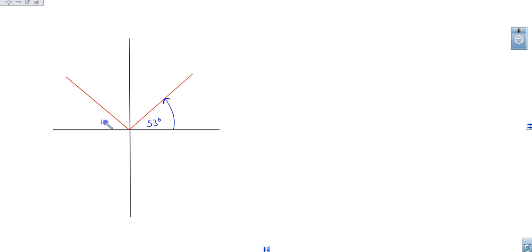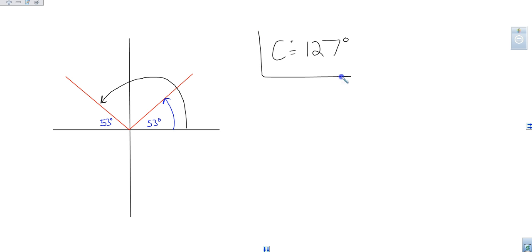Now, the related angle would be the same 53 degrees, but if you rotate all the way around, the actual angle is 180 but then take away 53 degrees. That angle C could also be approximately 127 degrees, which could be an angle inside of a triangle since it's less than 180.